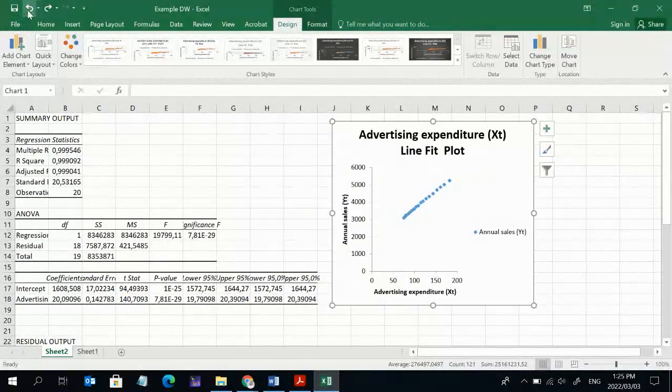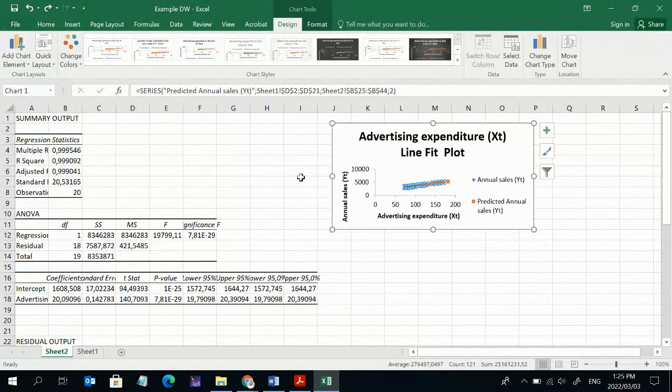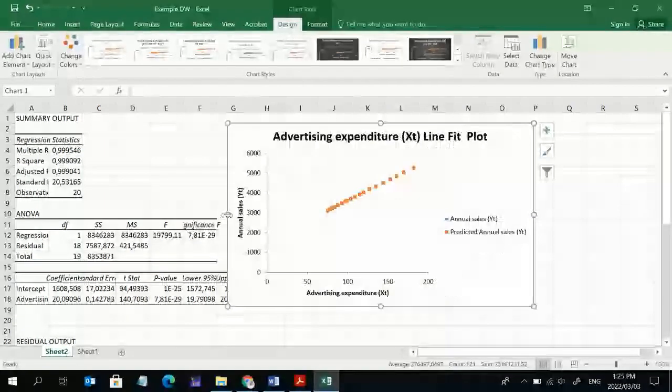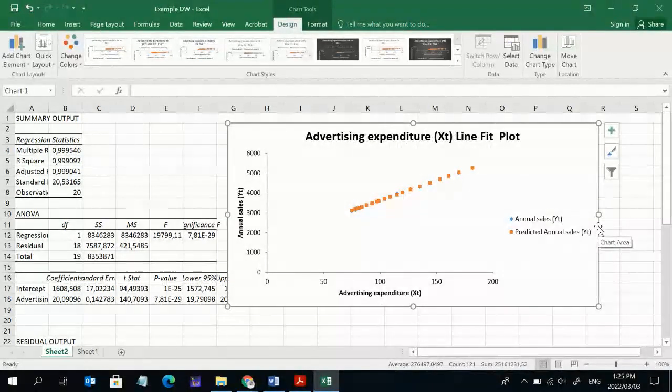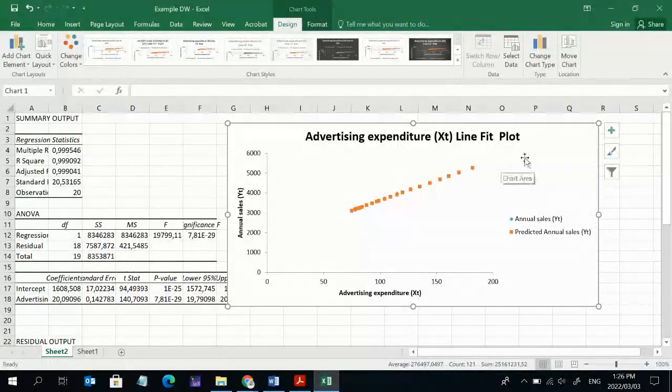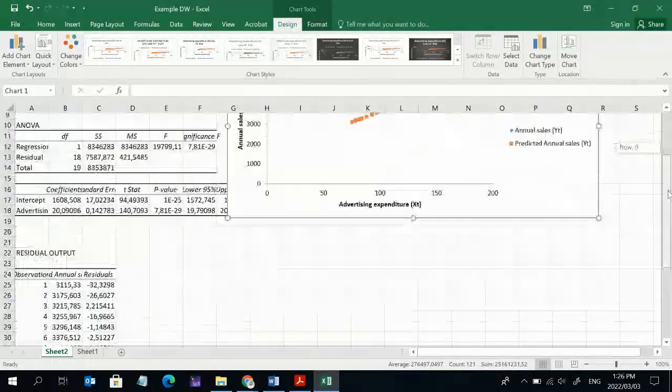Let me go back so that you can see. Orange represents the predicted sales. When we have the predicted sales, you cannot even see the actual sales. So there is a perfect linear relationship. But we are not interested in that.